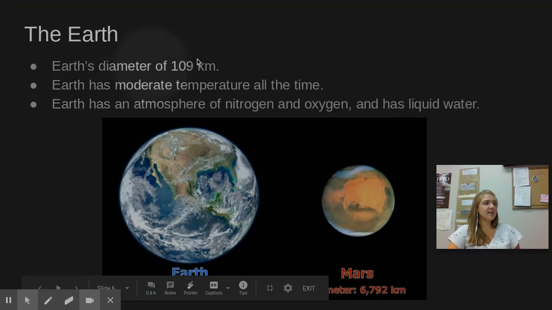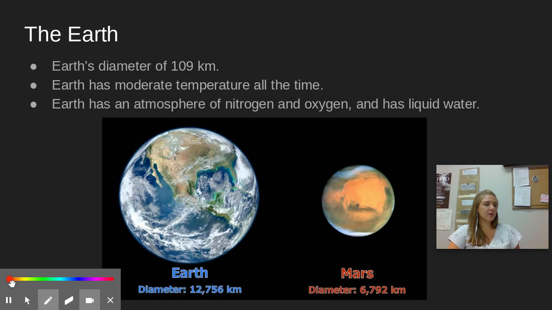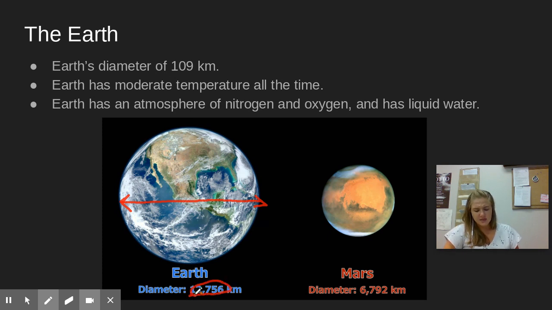The Earth has a diameter of 109 kilometers. That means that from here to here is 109 kilometers. Which is interesting because here it says the diameter is 12,756. I think in your notes, I actually have you cross this off.